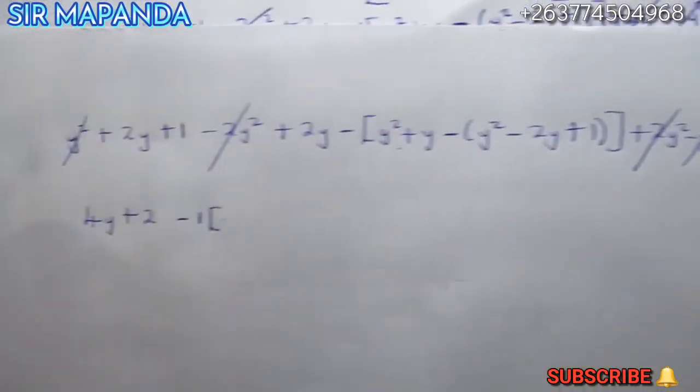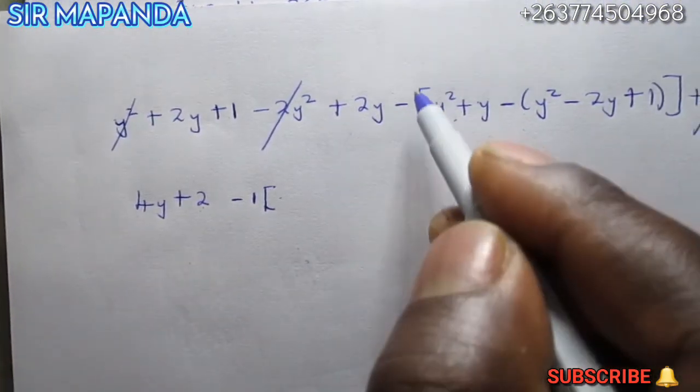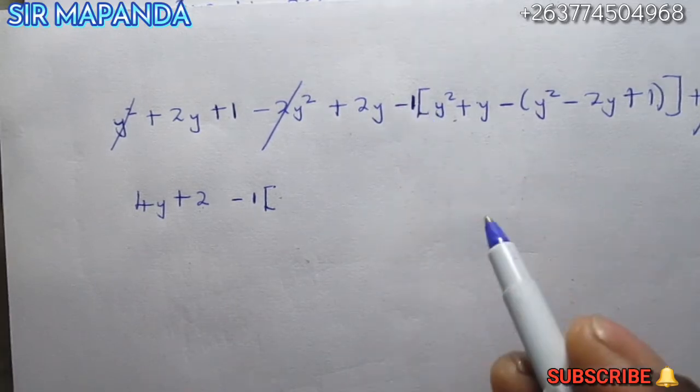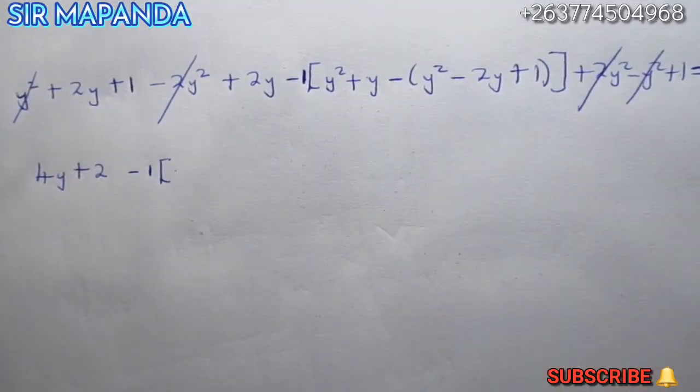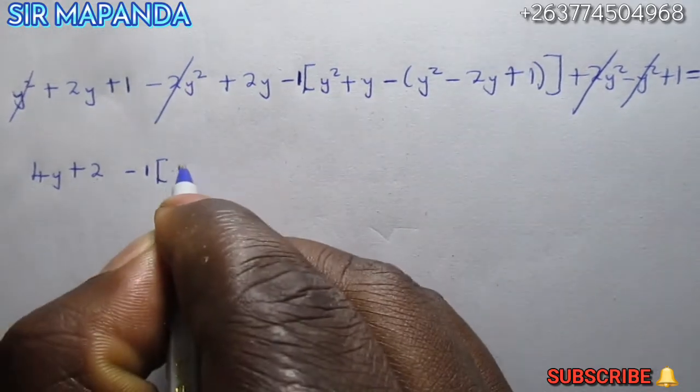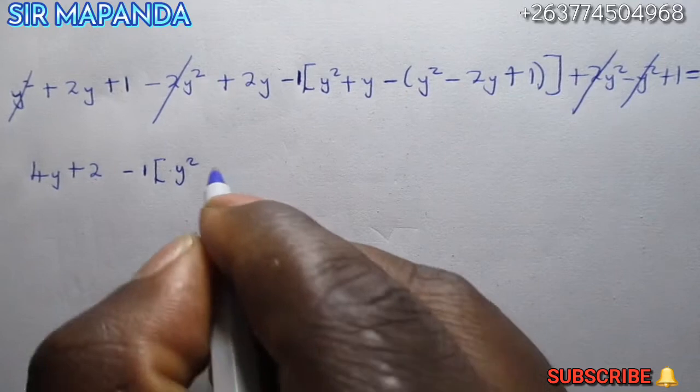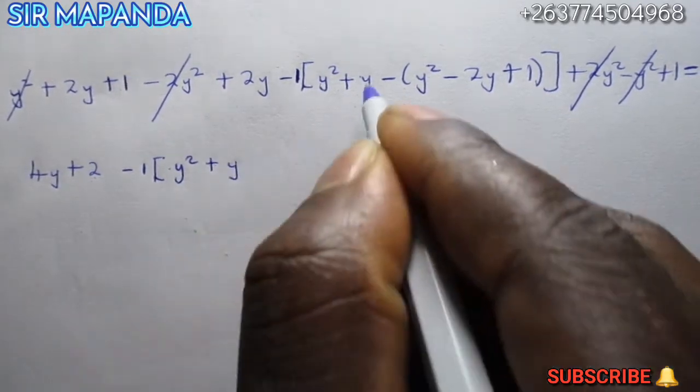Right. So I'm going to maintain this -1 so that I simplify the big bracket first before I introduce the -1 inside the big bracket. I hope you are following, right? So we have y squared, right? Plus y here.